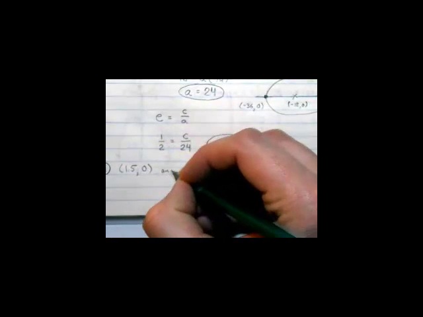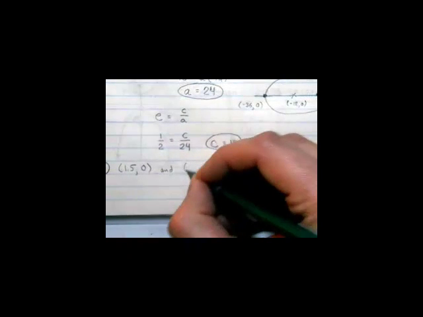Question number 21, they give you 2 points, 1.5 and 6 pi. And it says equation for the ellipse. Okay, these are polar points, r, theta.